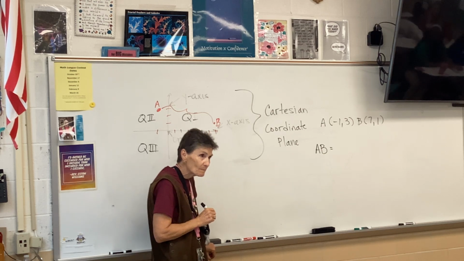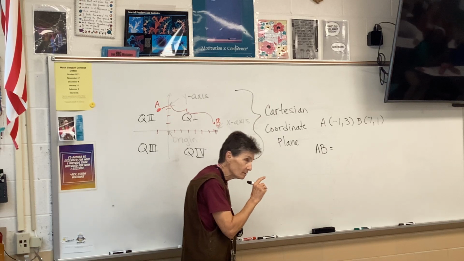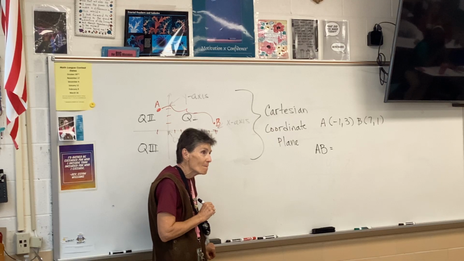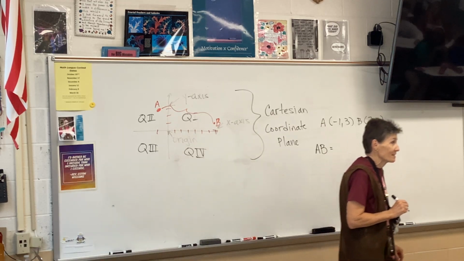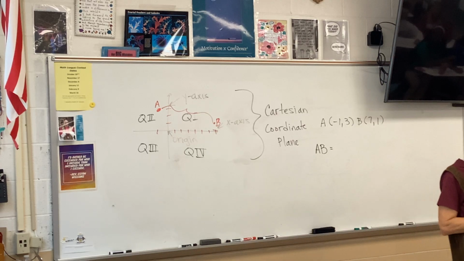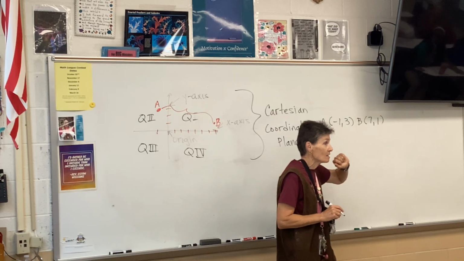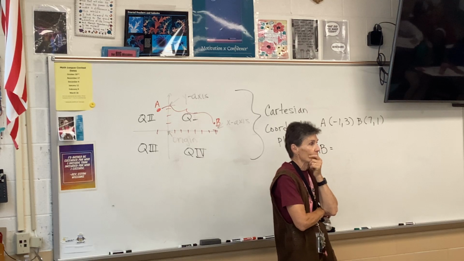Anybody remember? It's called the distance formula. Was it y2 minus y1 over x2? No, but we're going to do that also in this chapter. That's called slope, and it uses these numbers in the same way the distance formula does, but that finds the slope of the line. We want the distance of the line.